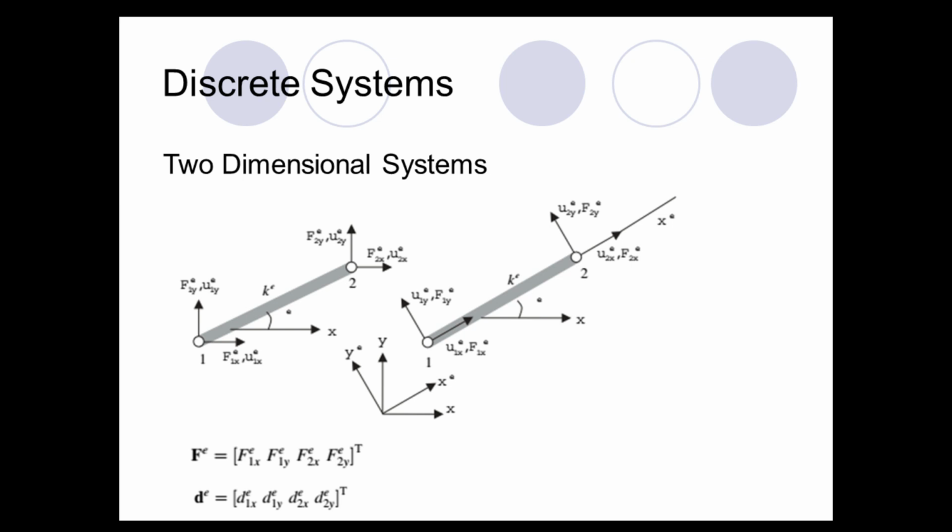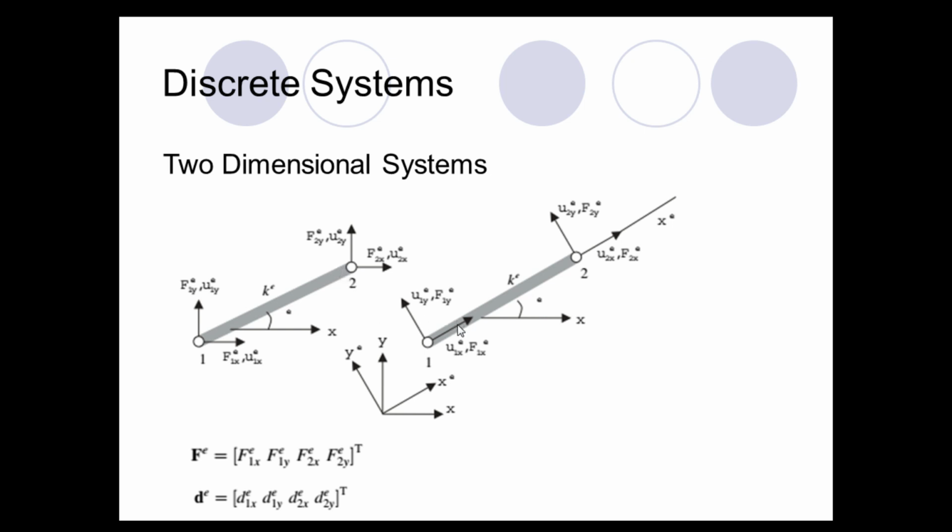It is the same for node 2, as you see. In fact, I have a force and displacement component in x direction and I have a force and displacement component in y direction, as you see. Okay, so it's not that different.